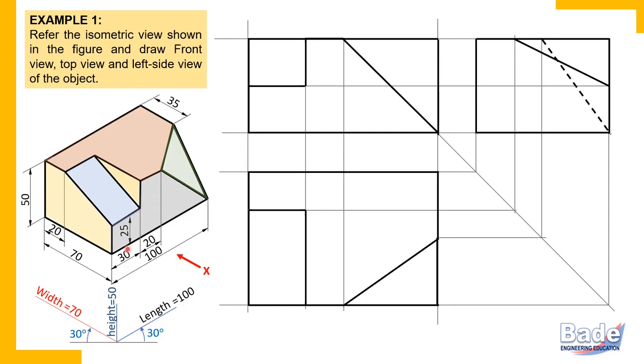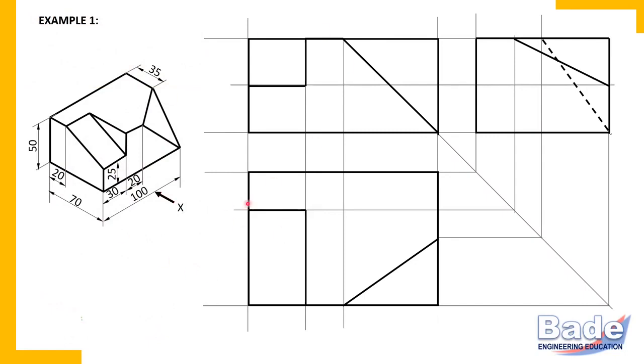And boundary and dimension line, that distance must be at least 8 millimeters. Of course, you need not measure that 7 or 8 millimeters. It means just sufficient distance from the boundary. Okay. Now, how to insert dimensions? Try to understand. 30 millimeters parallel to length, this length. 20 millimeters parallel to length.